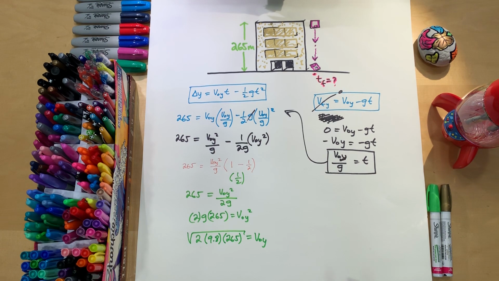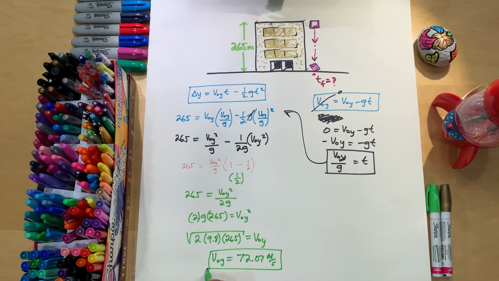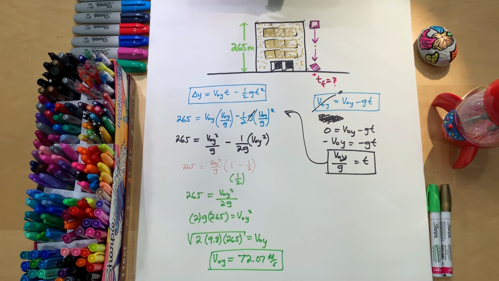So, did I calculate this? Yes. Velocity initial in the y is gonna be 72.07 meters per second.